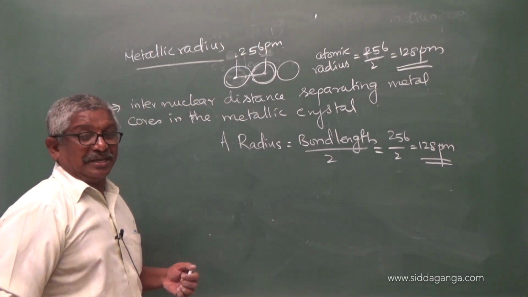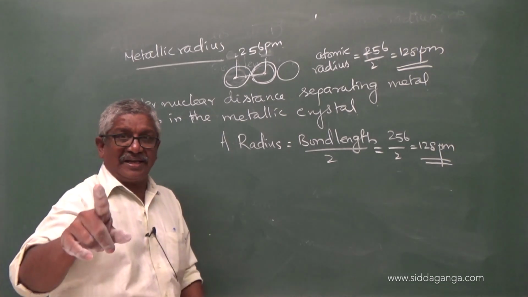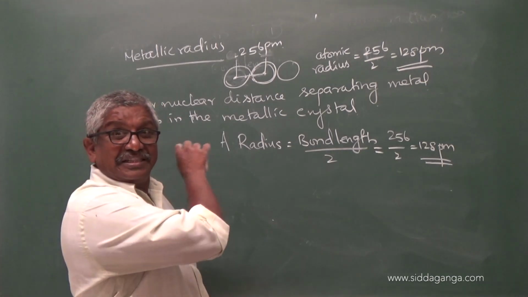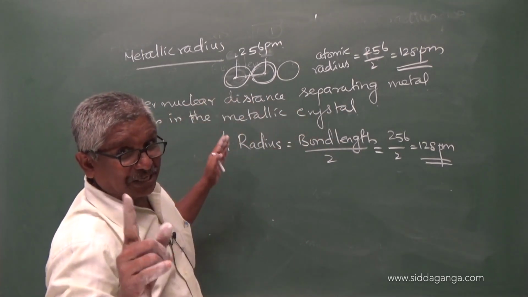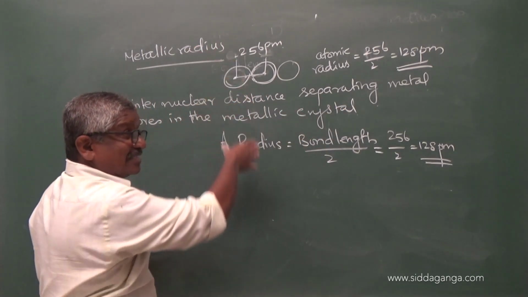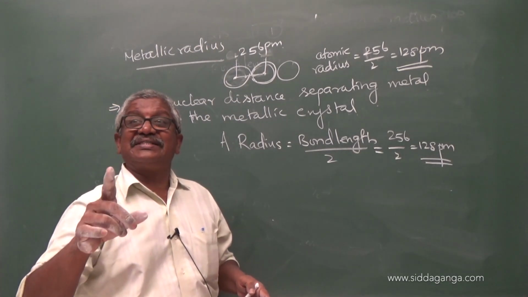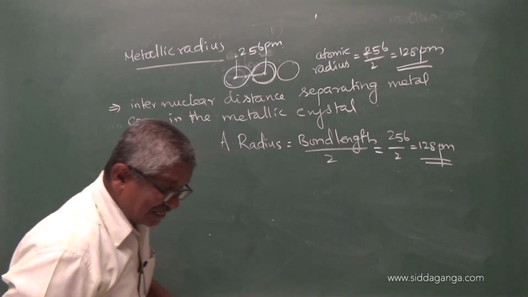Next, I already told you, atomic radius decreases in a period when we move left to right in the periodic table, and increases in the groups, because the energy levels or energy shells are increasing.